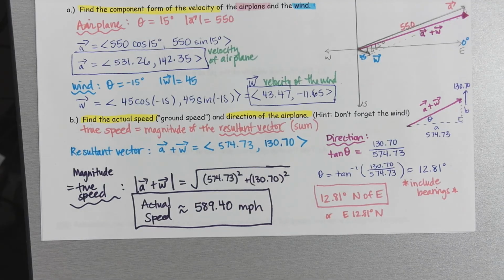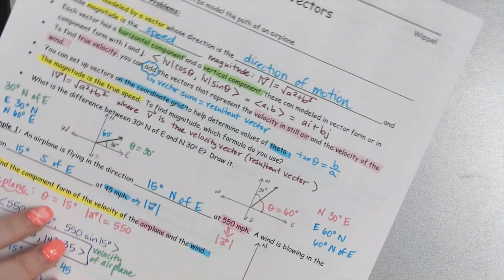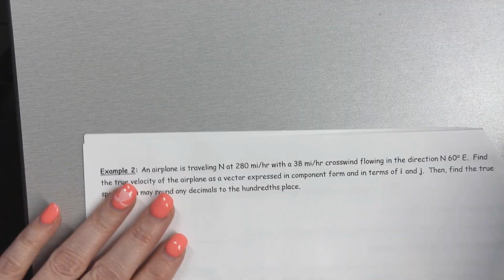All right, so we have another plane. It's traveling north. We're going to have to make a picture with that, and then we have a 38 miles per hour crosswind flowing in the direction north 60 degrees east. We have to find the true velocity.